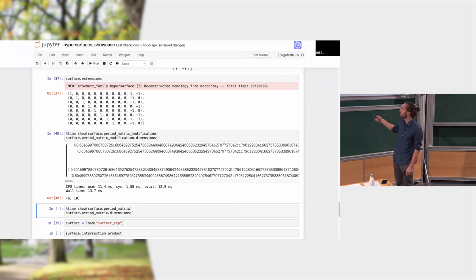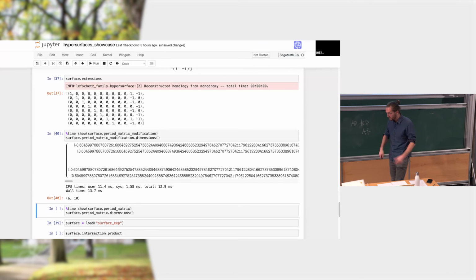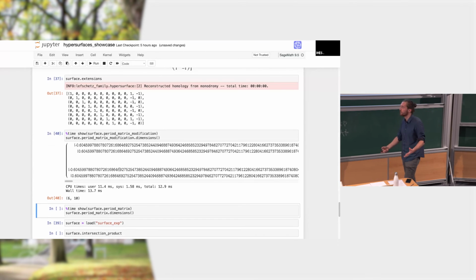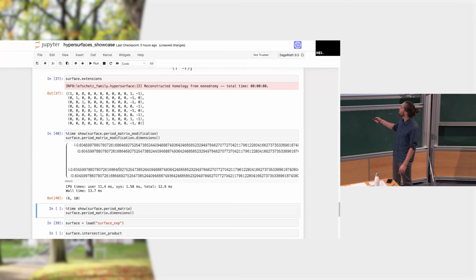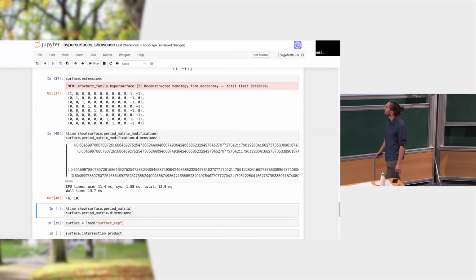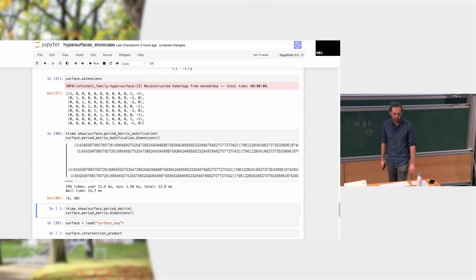It's 6 by 10. This is the period matrix of the homology classes of this modification, this blow-up of X at X prime, evaluated against the cohomology classes that come from the cubic surface.